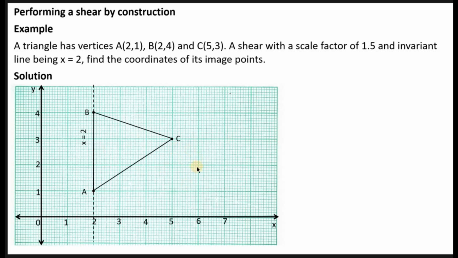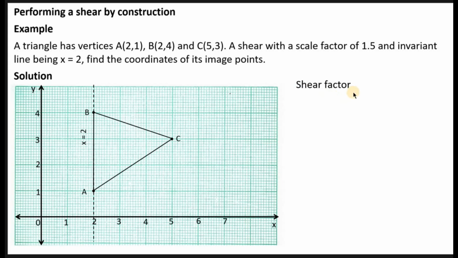After you do that, what follows next is to find the shear factor, because the shear factor is very important. It is going to help you to know how each image point is going to be transformed. Okay, so what you are going to do here is to write the formula for the shear factor.